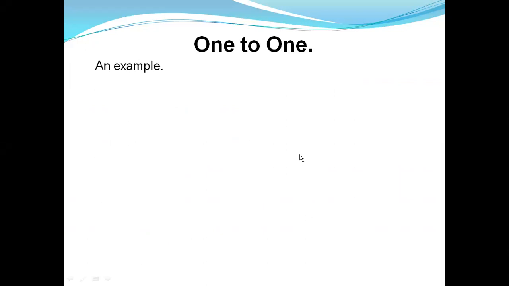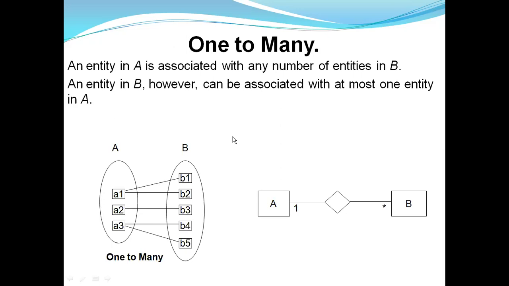For example, we have 2 entities, husbands and wives. One husband is related with one wife. That will be the 1 to 1 relationship. Simple. Next is called a 1 to many.